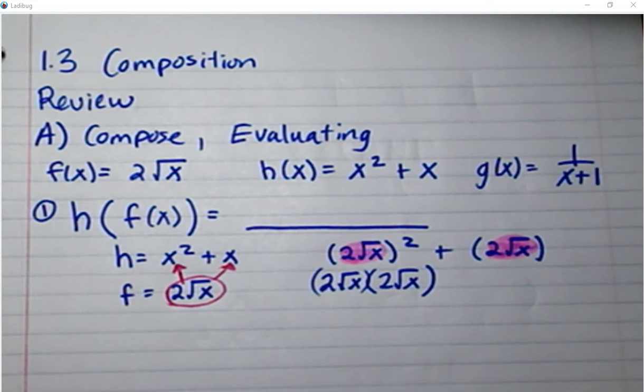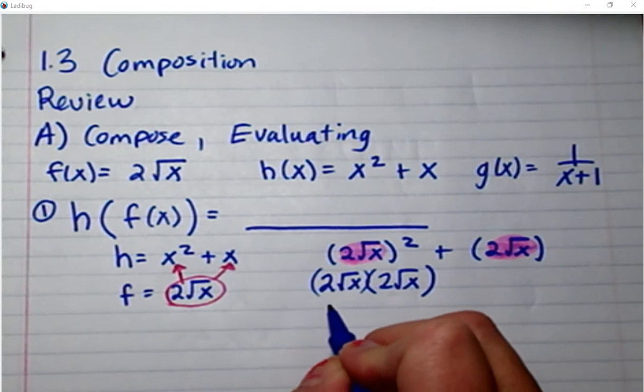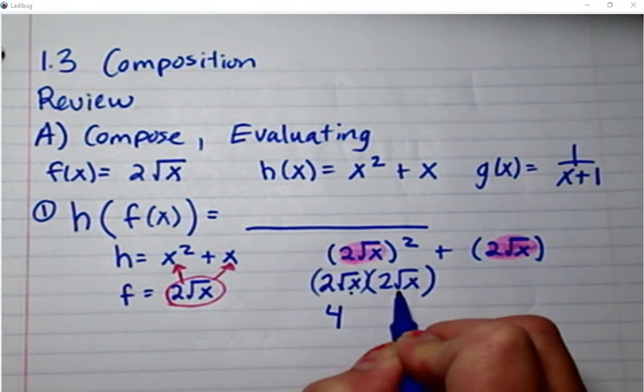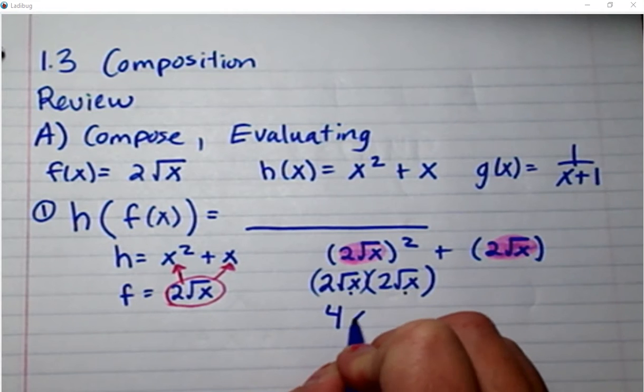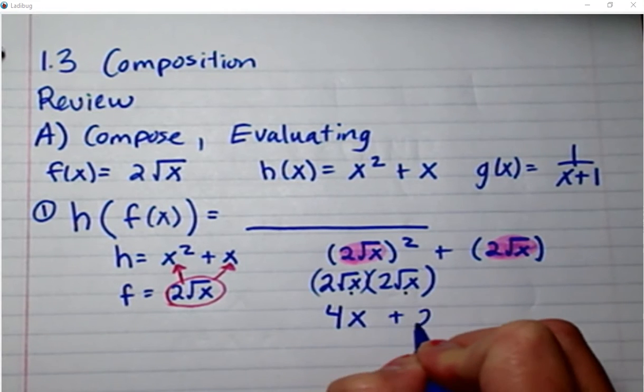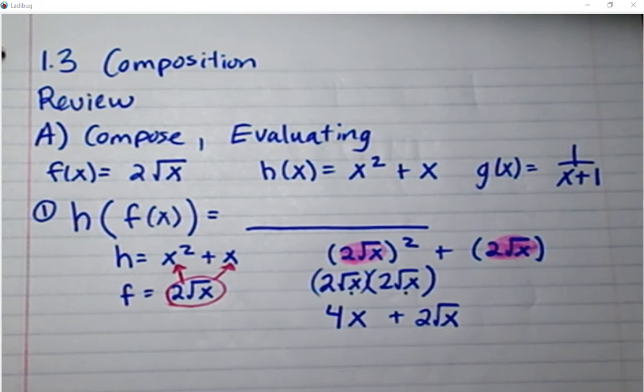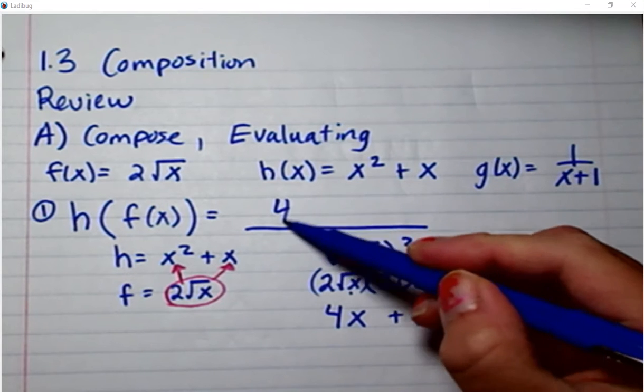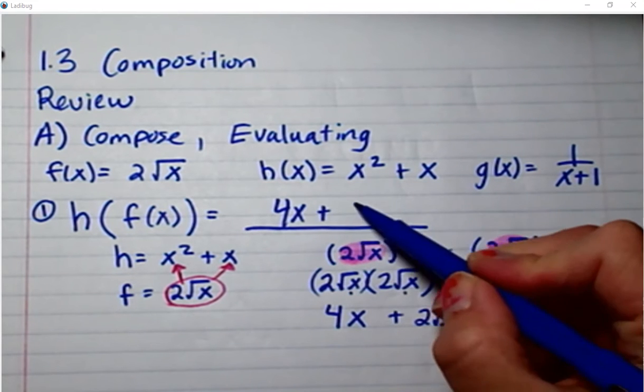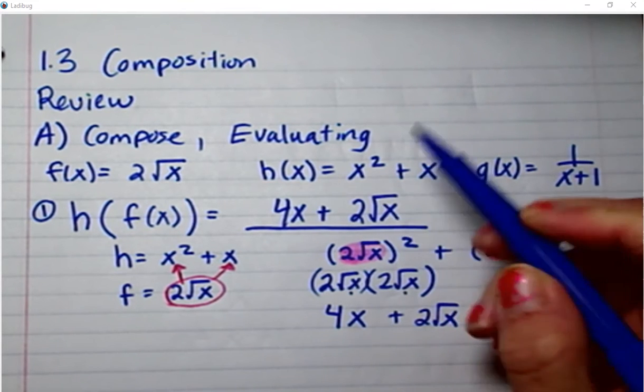Because you had the parentheses, it ended up with foiling. So here, I'm just going to do 2 times 2 is 4. Root x times root x is x. And so that is the answer, 4x plus 2 root x.